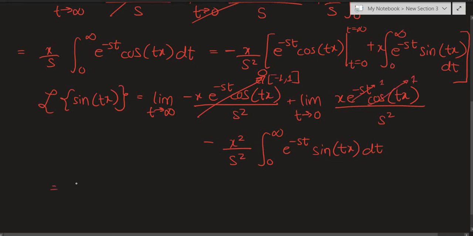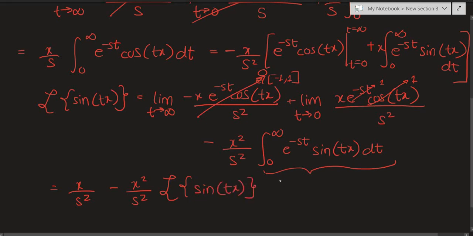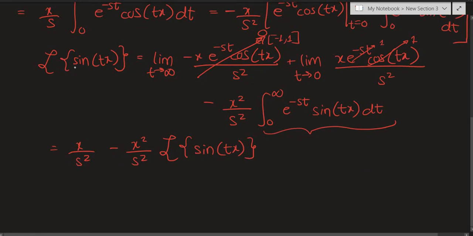So we have x over s squared minus, and now notice what this is. This is again the Laplace transform of the sine of tx, right? So x squared over s squared times the Laplace transform of sine of tx, and this is just equal to the Laplace transform of sine of tx, right?